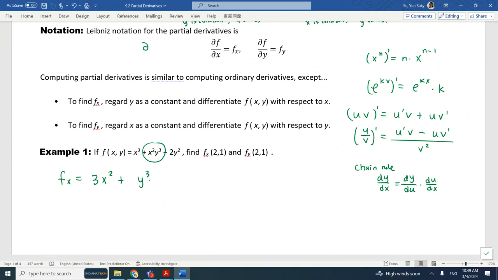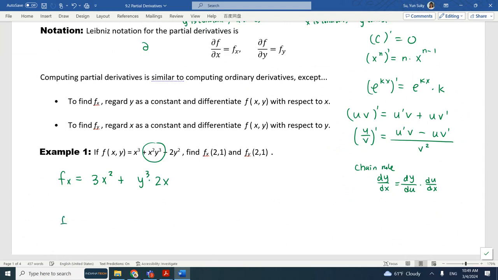What's the derivative of x squared? 2x. And the next term is a number. What's the derivative of a number? Just 0. So y is the constant, x is the variable.